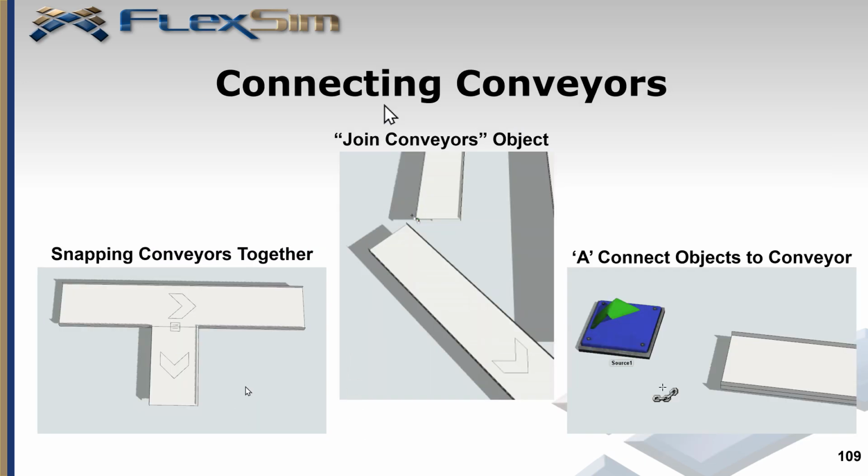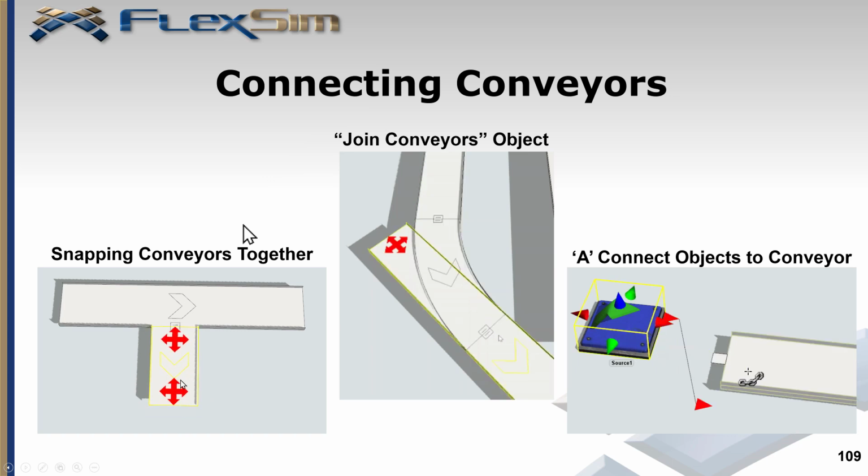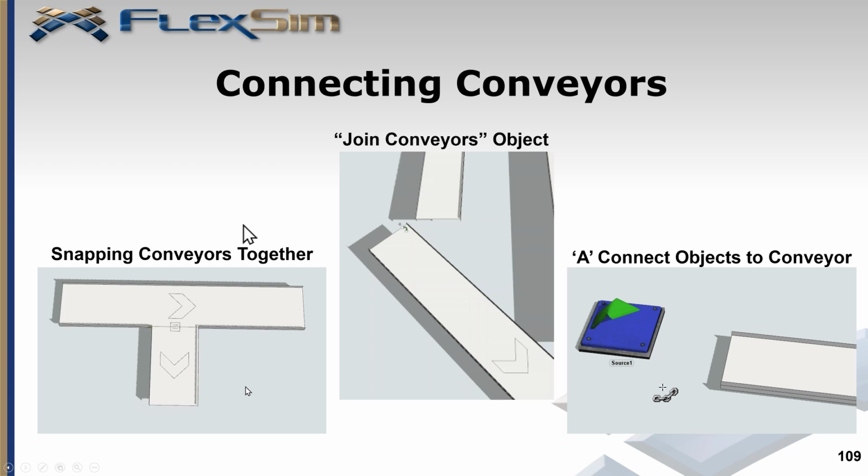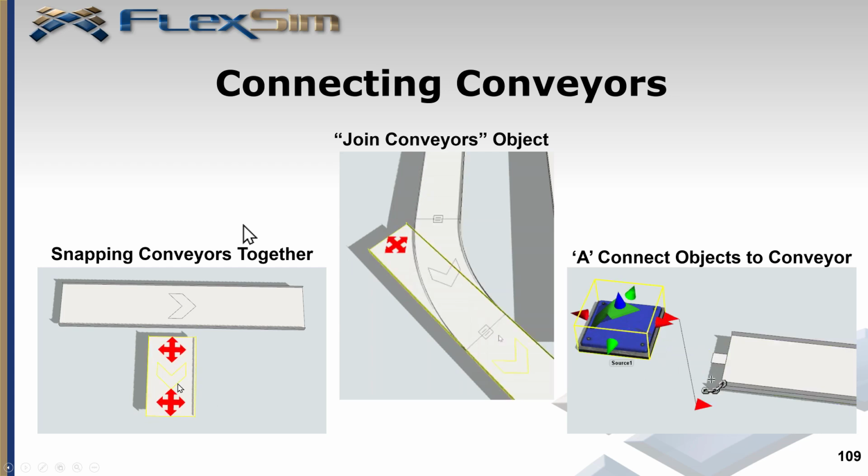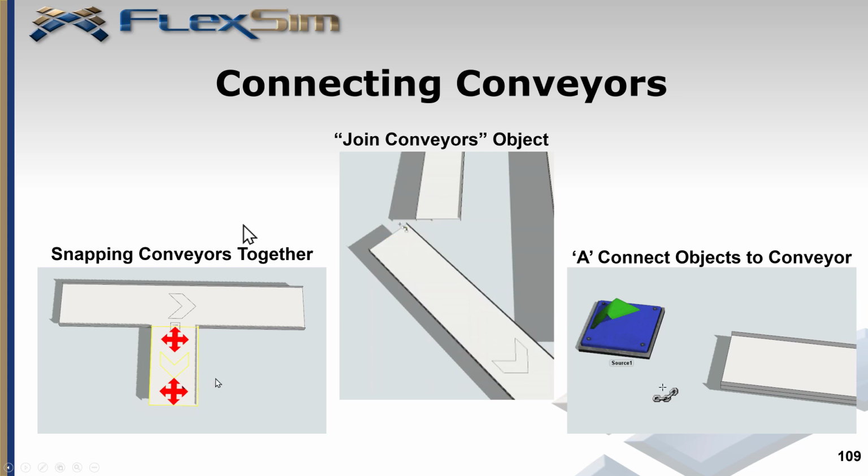There are a couple different ways to connect two conveyors together. One way, as depicted in this animation to the left, is to click on a conveyor and drag it close to the edge of another conveyor. When the edges of the two conveyors get close enough, they will snap together.